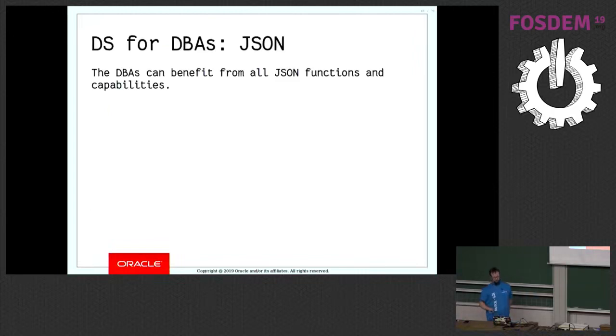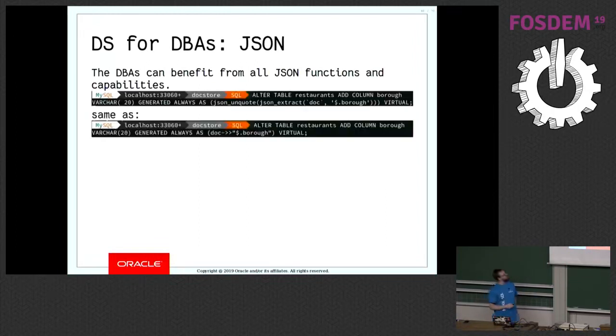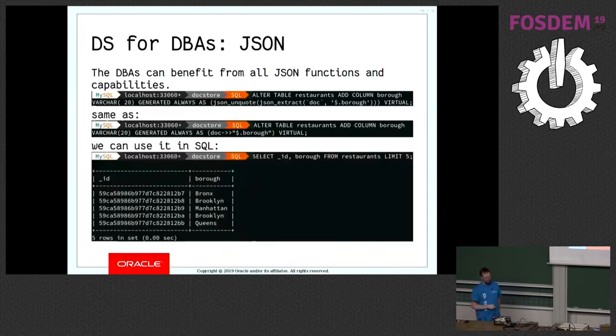So what's in it for the DBA? For the DBA, all the secret of what we have seen now is just the JSON data type. We can also add columns that we could index. So if you see that your queries are too slow, the DBA can add indexes for your JSON queries, for example like this.